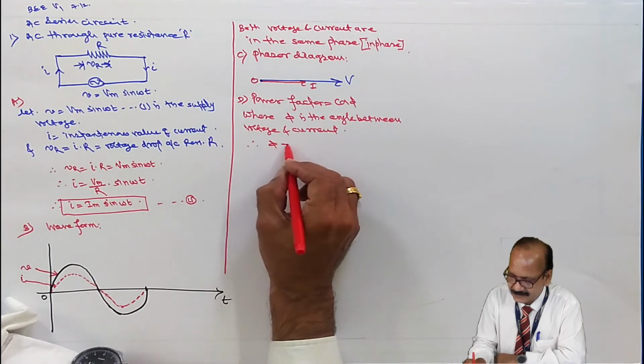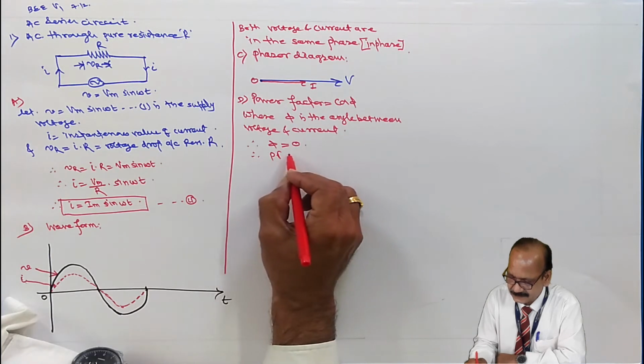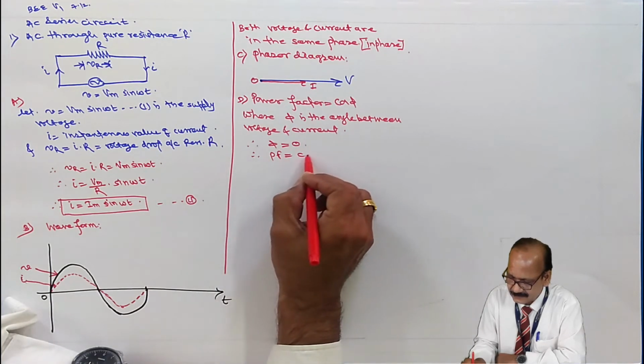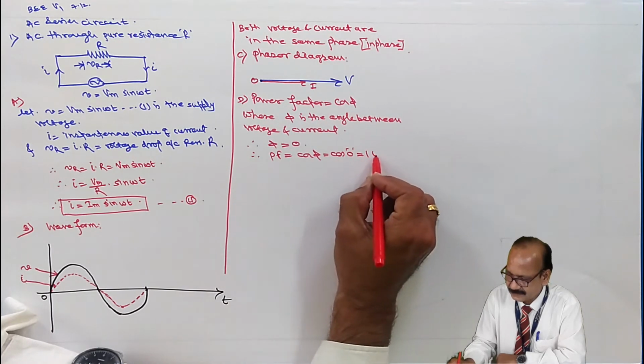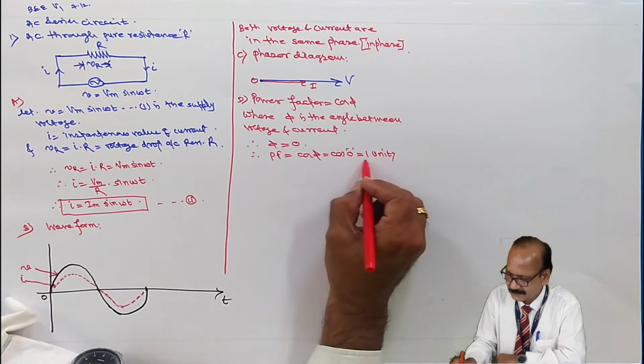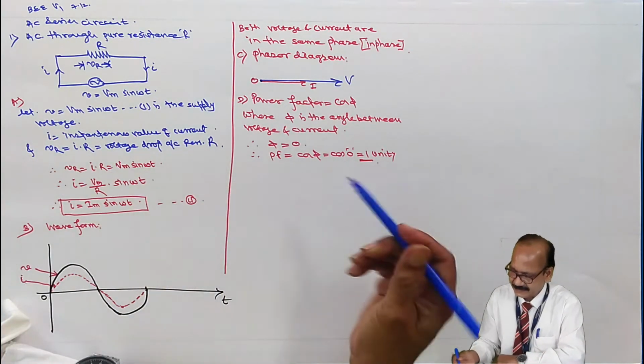Therefore, phi equal to 0, and hence power factor PF equal to cos phi equal to cos 0 equal to 1, unity. So the power factor is unity.